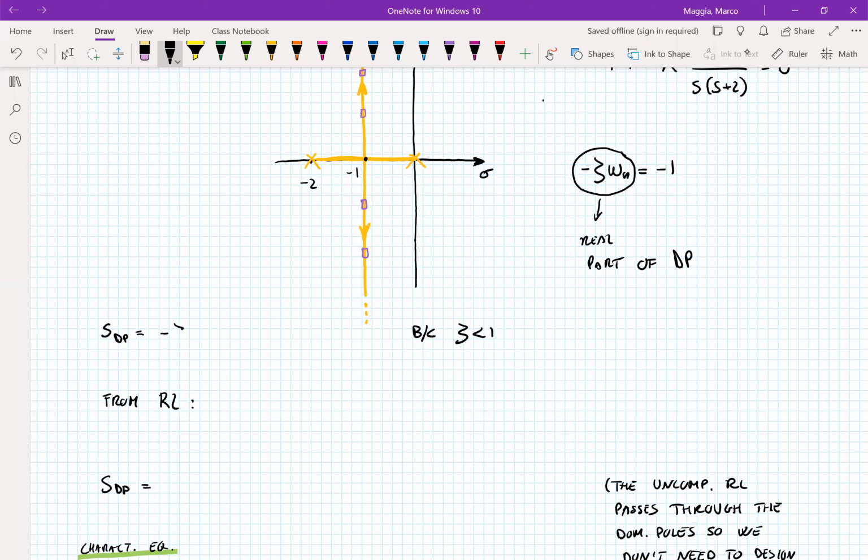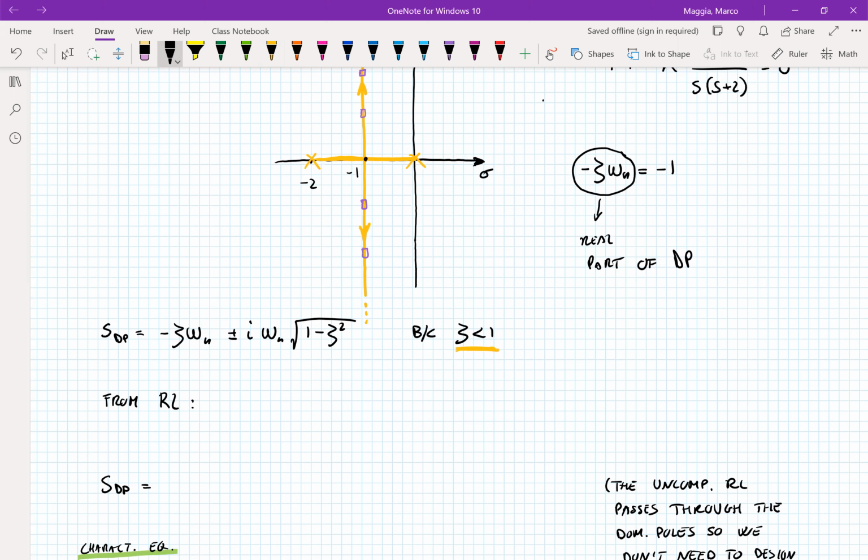And in fact, we have the usual way of writing them. By now we should know this. And why do we write them in the complex conjugate format? Well, that's because the damping ratio is less than 1. So as I said, we have to have complex conjugate poles.